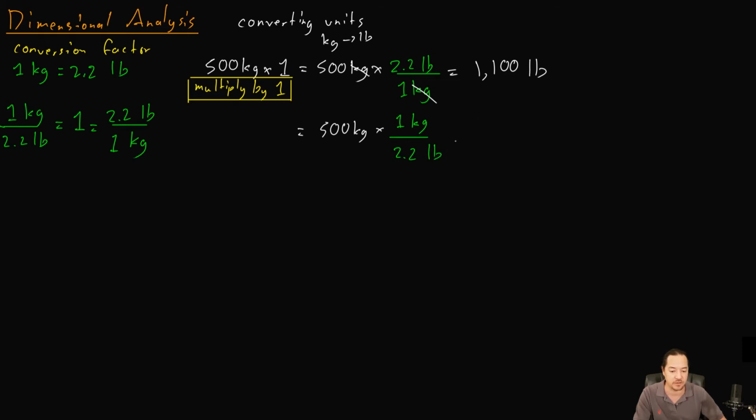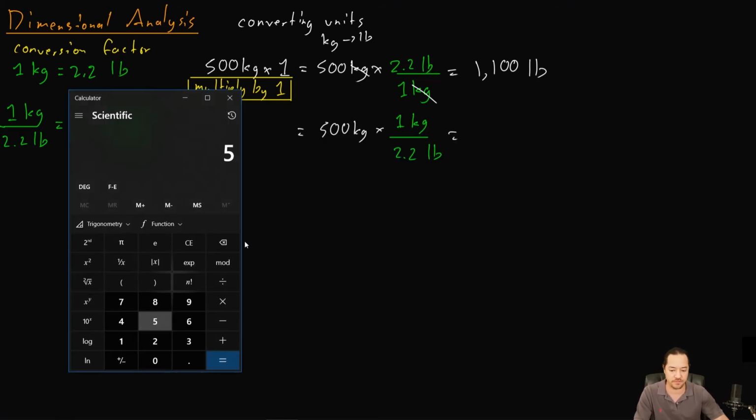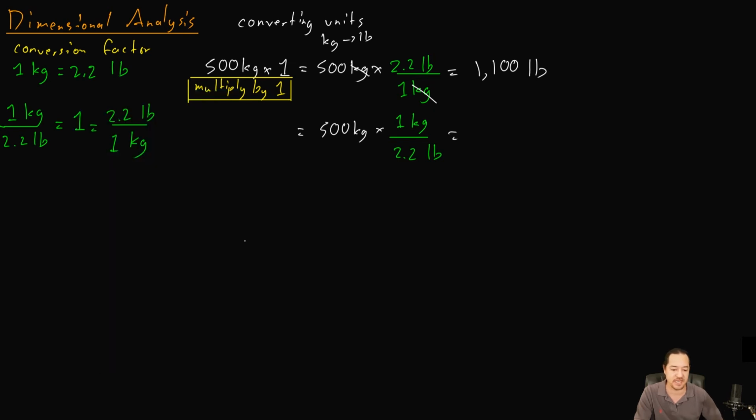What would that give me? Well, let's do the math, 500 over 2.2, 227. Okay, 227. And if I look at the units, they don't really go anywhere, right? Nothing cancels. I wind up getting kilograms squared over pounds.